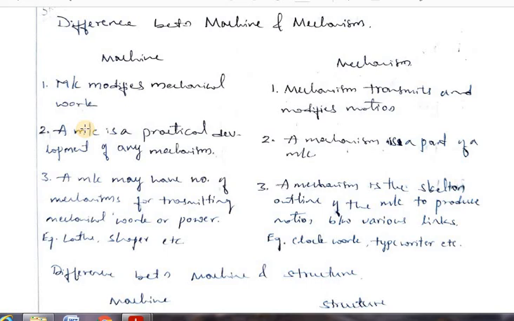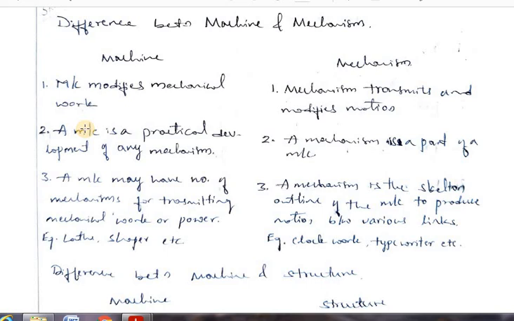Second one, a machine is a practical development of any mechanism, whereas a mechanism is a part of a machine. So using mechanisms the machines are developed, and the mechanisms are just a part of the machines.